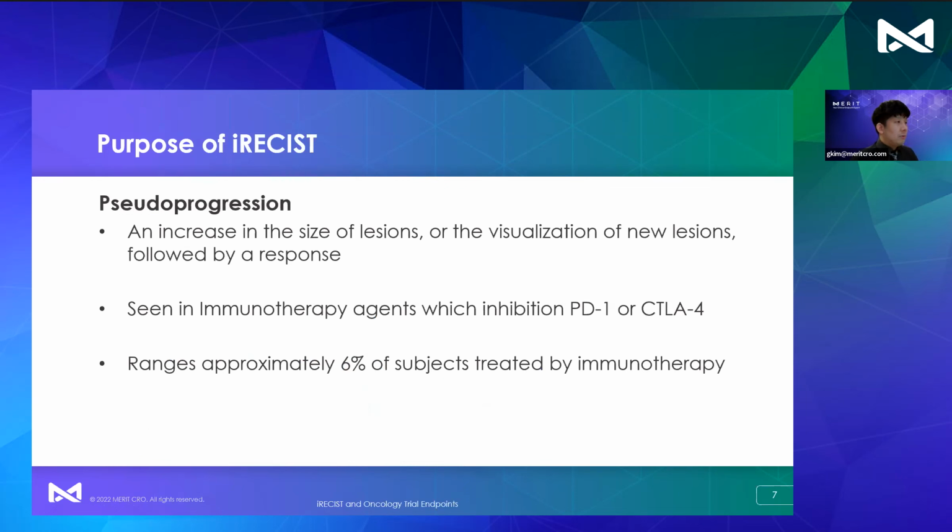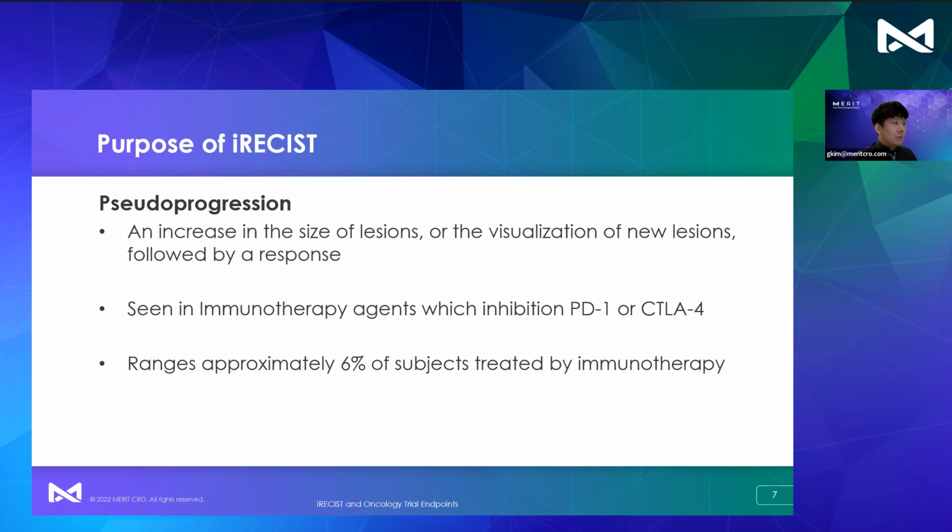Speaking of pseudoprogression, which is commonly seen for any medications that use the mechanism of PD-1 or CTLA-4 inhibition, pseudoprogression is defined as an increased size of the lesions or any visualization of new lesions that could indicate progression of the disease, but is then followed by a response.